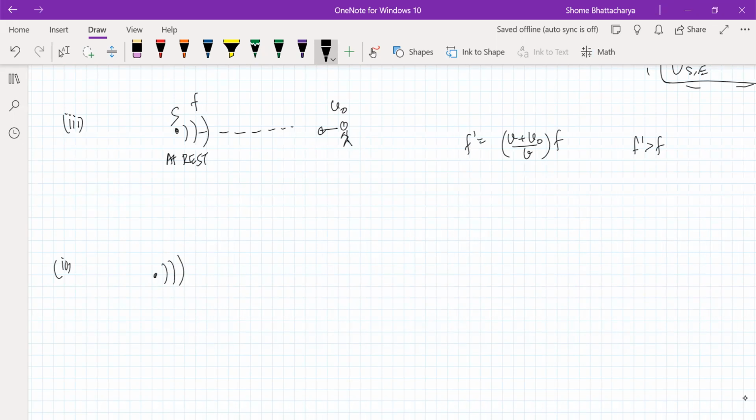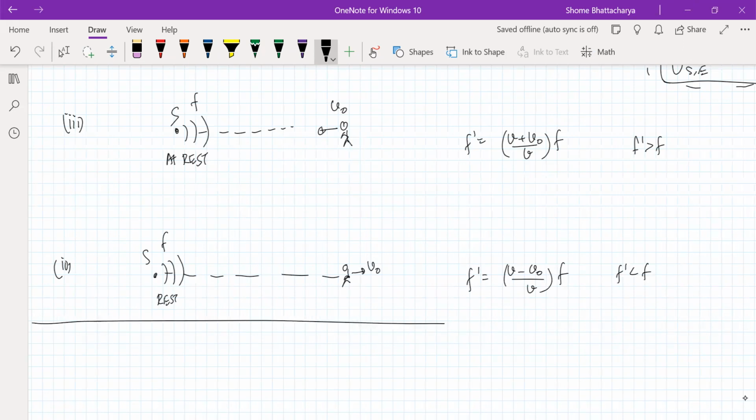Whereas if the observer is receding from the source with a separation velocity of VO, then it becomes V minus VO upon V times F. So F prime becomes less than F.